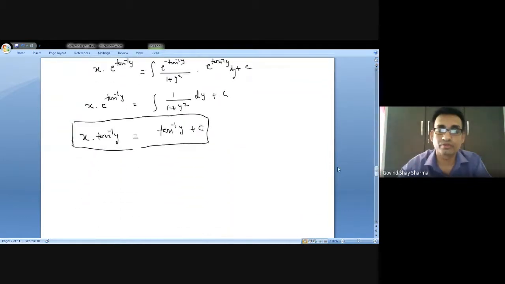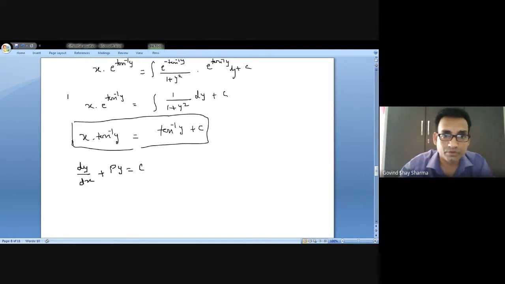I think this is very helpful for you to understand the process to solve the linear form of differential equation. Now, in the next lecture, we will talk about exact form, homogeneous equation, and how to reduce. Actually, this is the form of differential equation dy upon dx plus Py is equal to Q y to the power n.